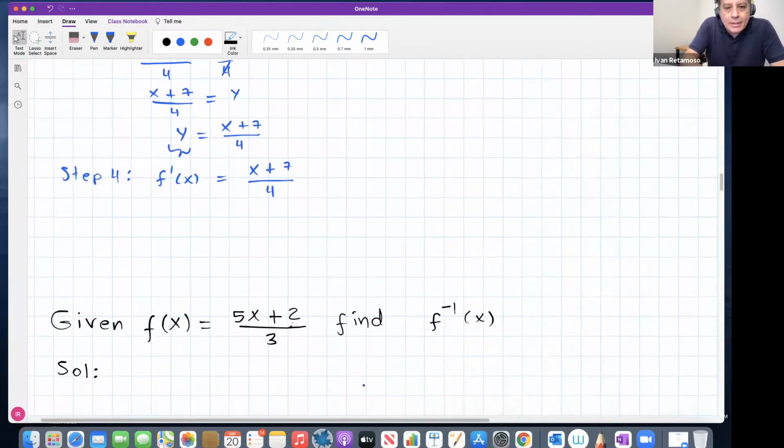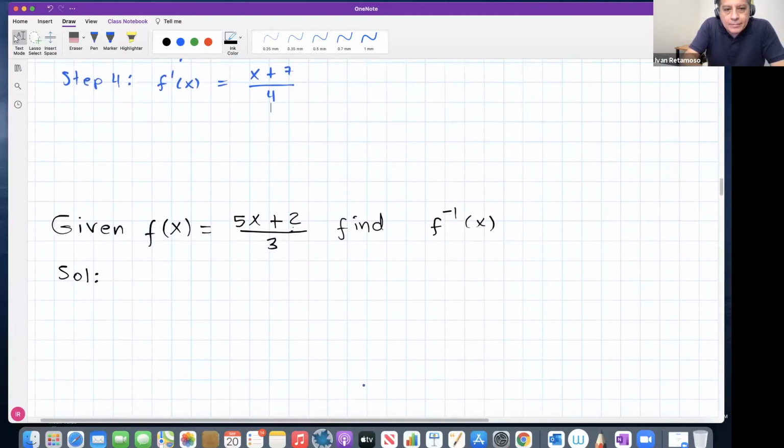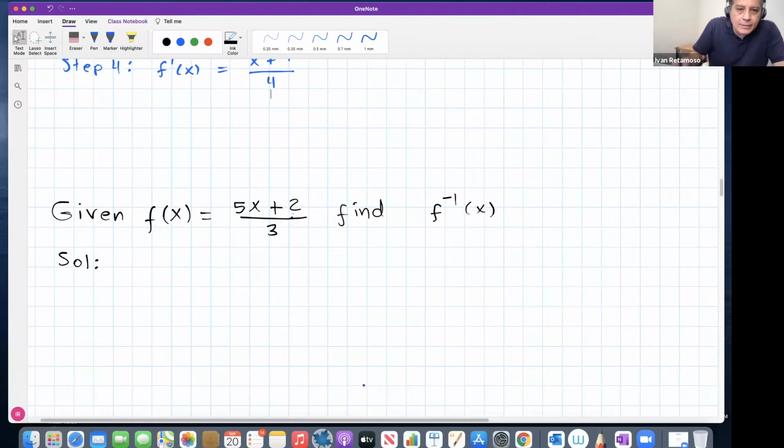Here is another example. Let's follow the 4 steps again. Step 1 says replace this f of x with a y, right?